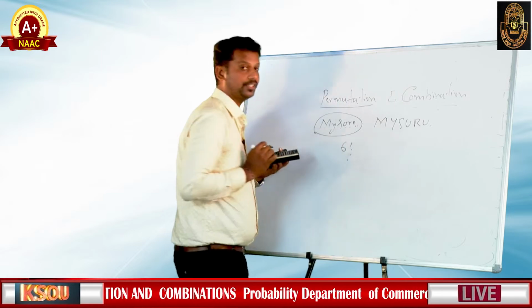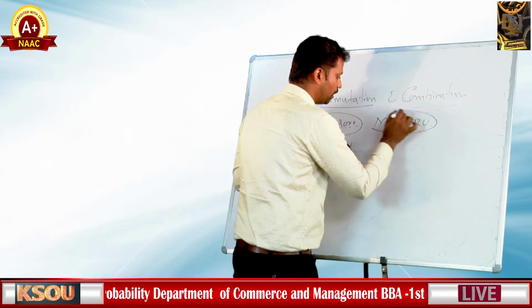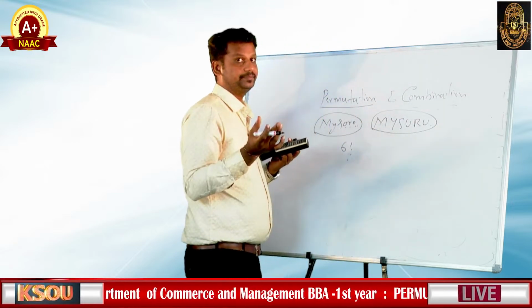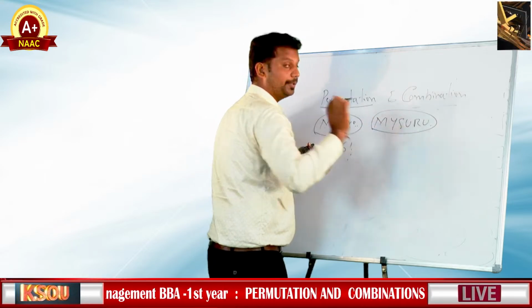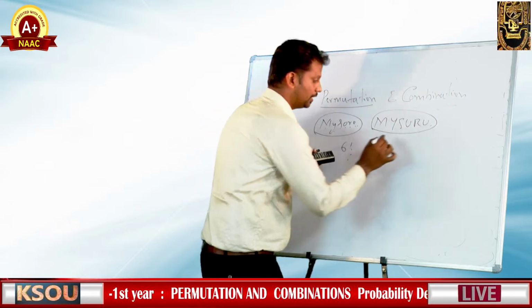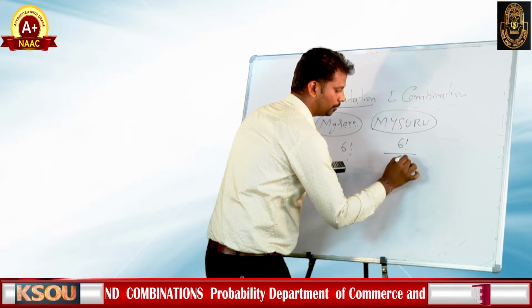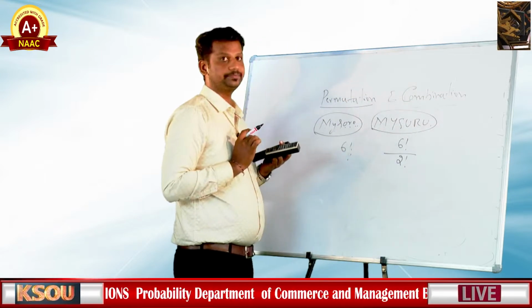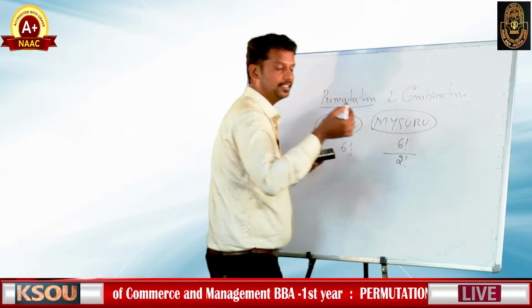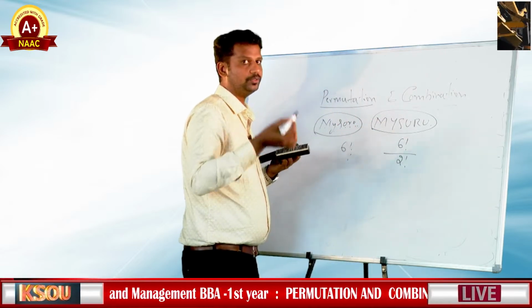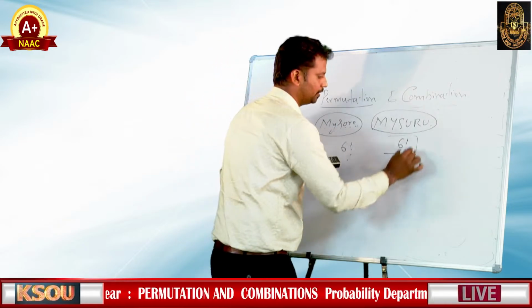If a letter is repeated, as U is repeated 2 times in Mysuru, then it is 6 factorial divided by 2 factorial. 6 factorial means 6 into 5 into 4 into 3 into 2 divided by 2 into 1, and you get the answer.